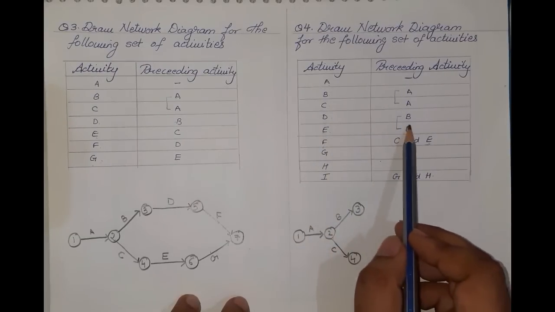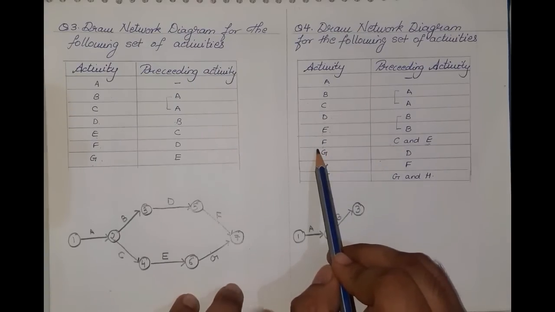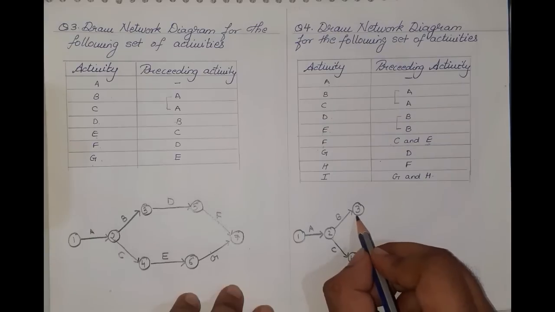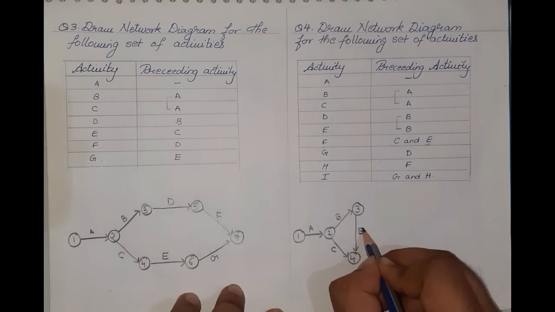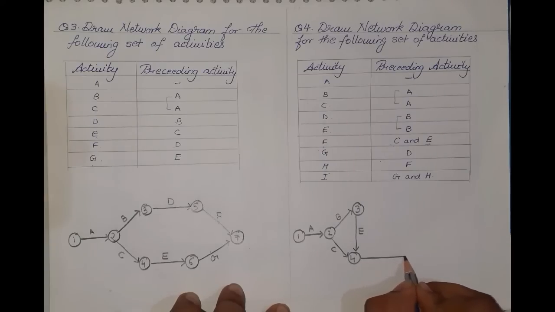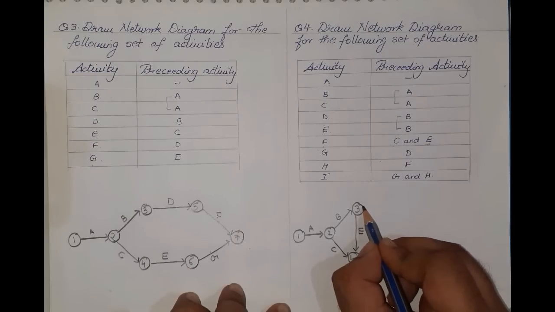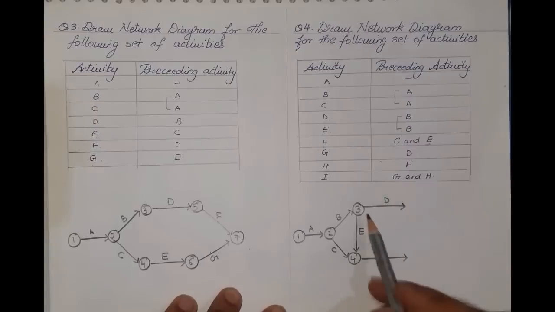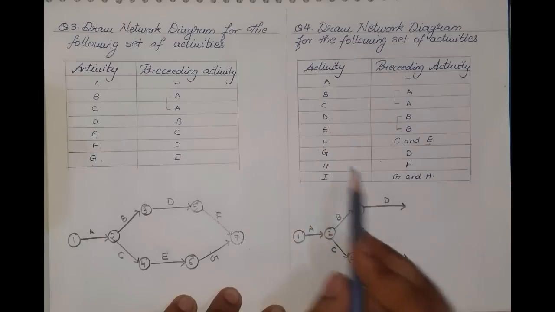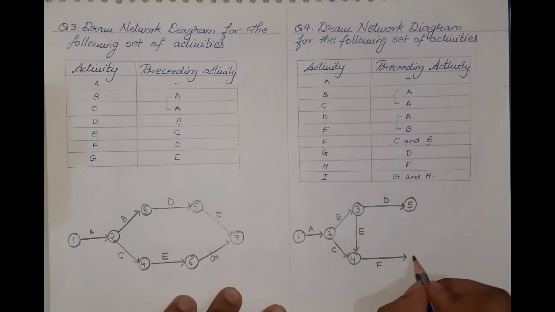So I can see that from B, E is getting evolved, and E and C together are forming activity F. So from B we have D activity and E coming out, and C and E together will form activity F. So I'll close it down; this is event number 5, this is event number 6.